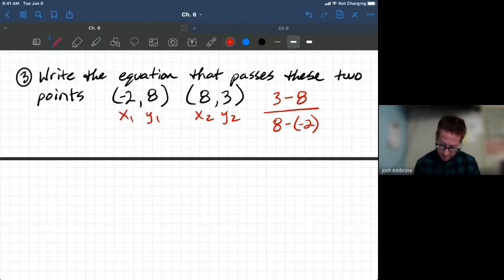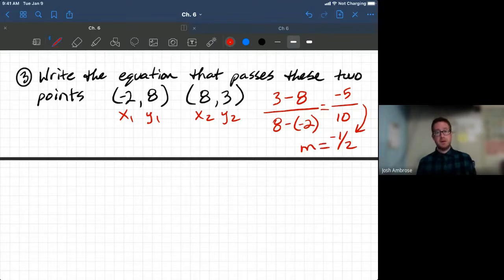So what we're looking at here is 3 minus 8, giving us a -5 over 8 minus a -2, which is the equivalent of just saying 8 plus 2, which is 10. Reduce this down to a -1/2. So this is our m value right here.